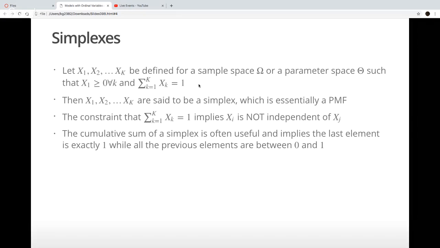So this is one way in which we can start thinking about random variables that have an order to them: specifying the simplex and then taking a cumulative sum over it. Questions about the definition here? We'll see how to use it in a second.